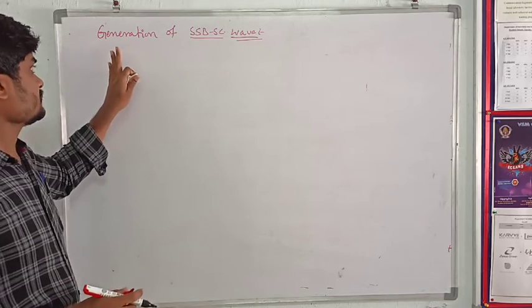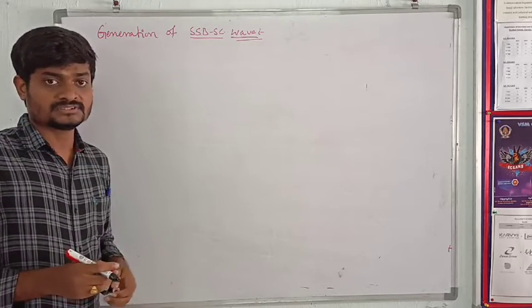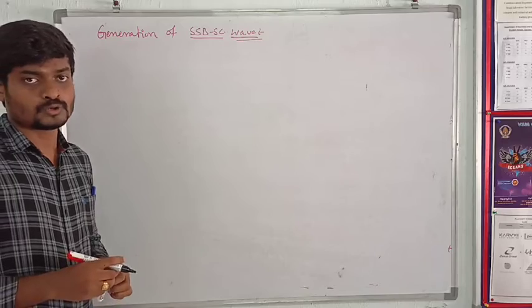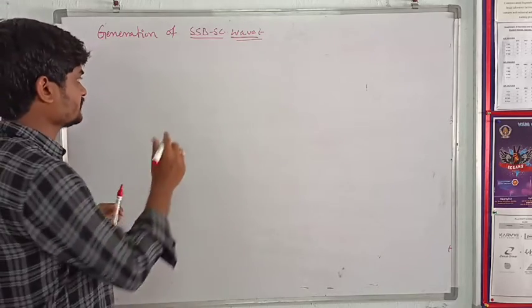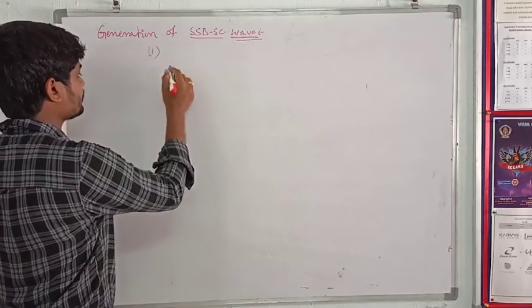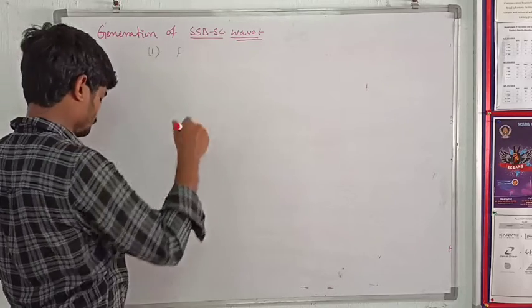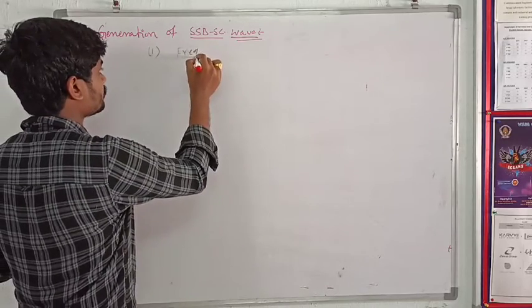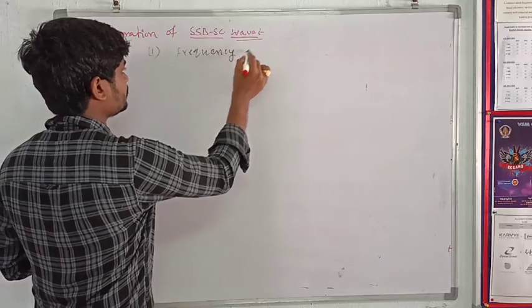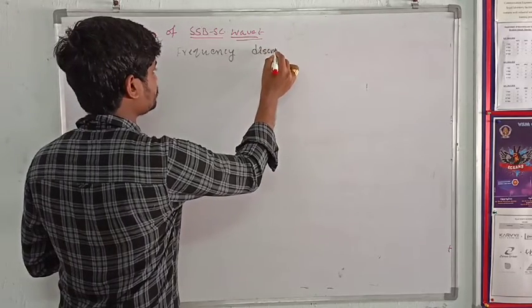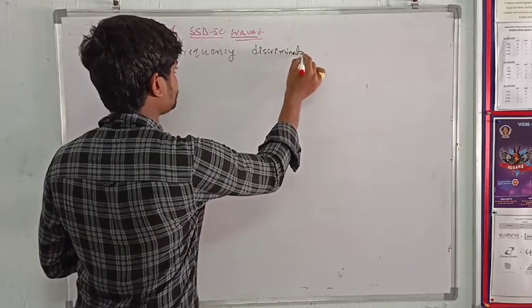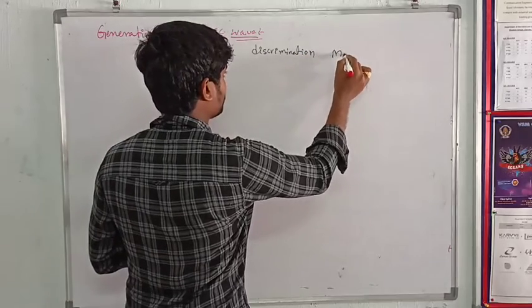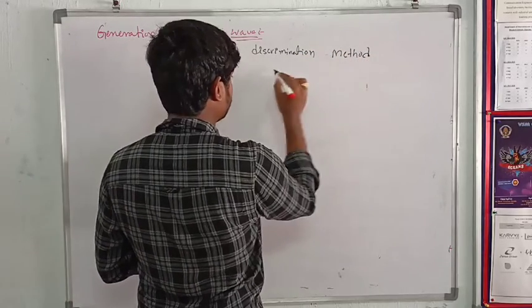Generally, the generation of SSPSC wave uses two methods. One is the frequency discrimination method, that is the filter method.